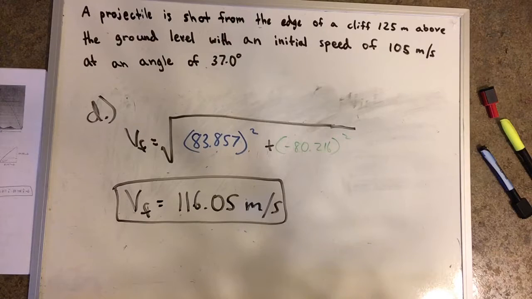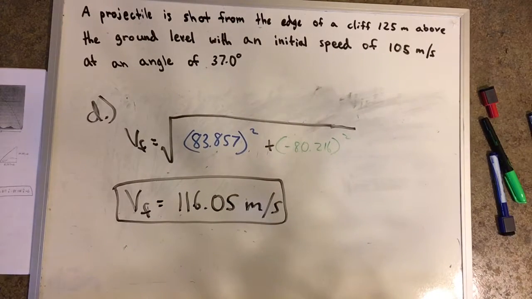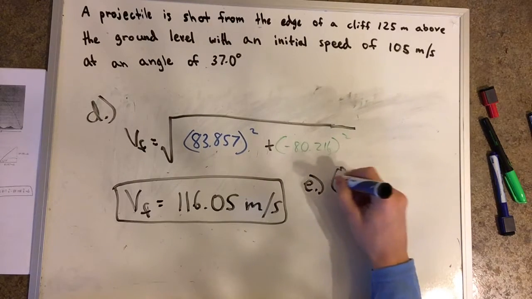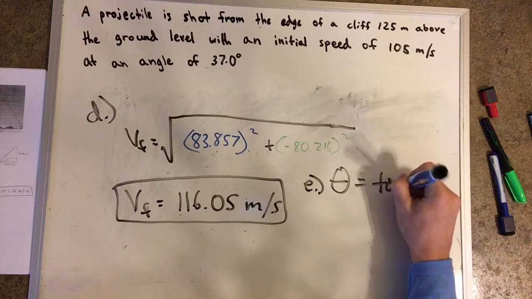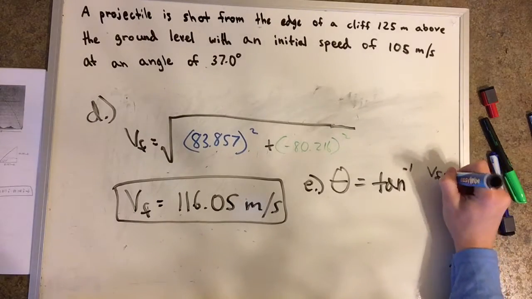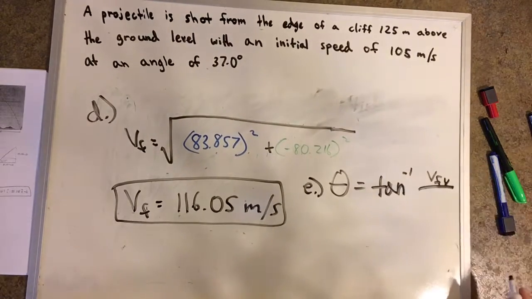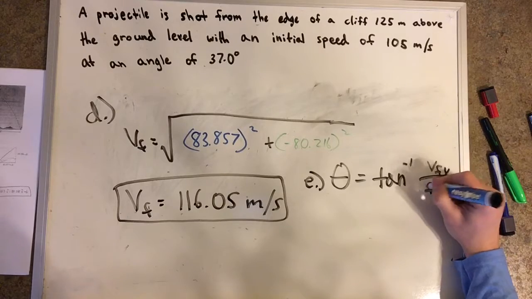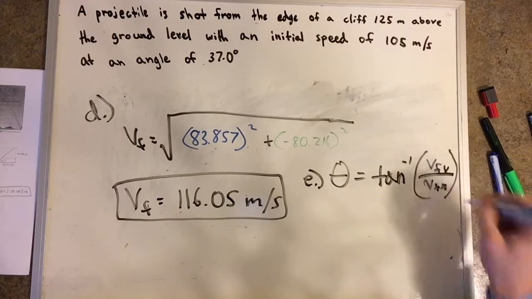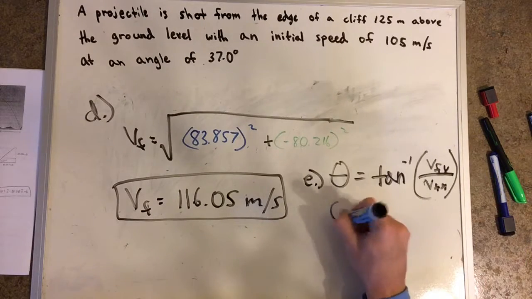Lastly, you need to find the angle made by the velocity vector with the horizontal. To do this, it's simple. You use inverse tangent, which is theta equals tan inverse of Vfy over Vfx. Next, you have to plug in the variables.